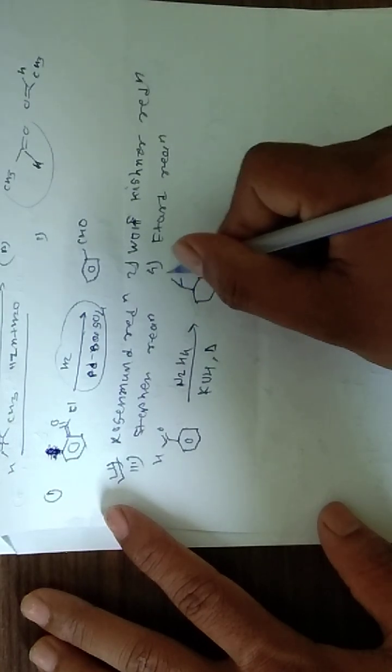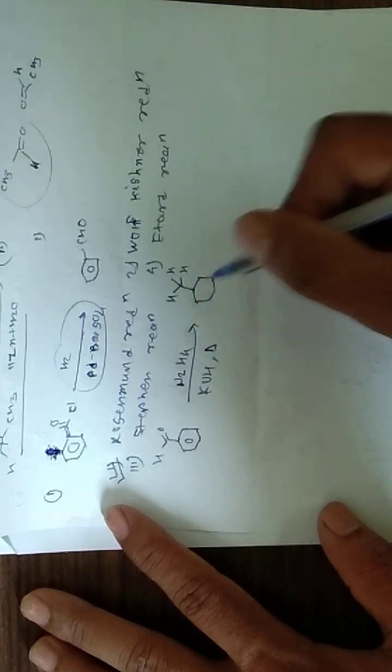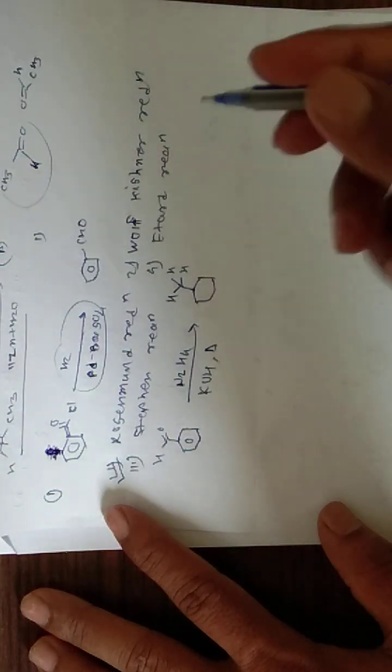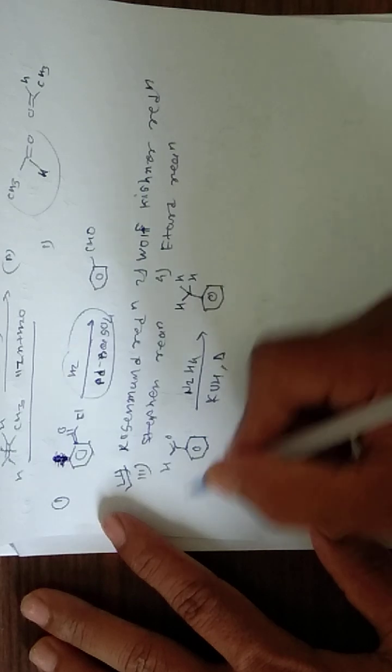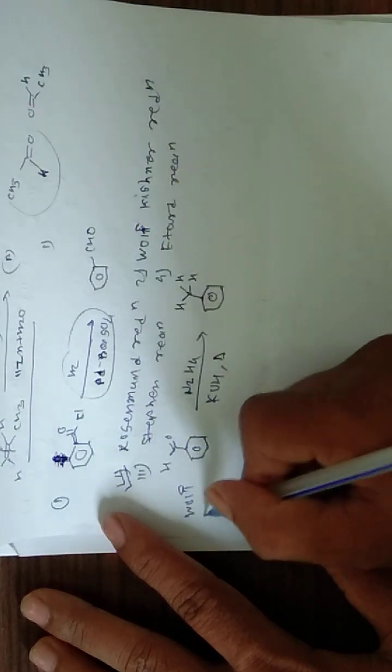Here two hydrogens are added, which means this reduction has happened. This is the Wolff-Kishner.